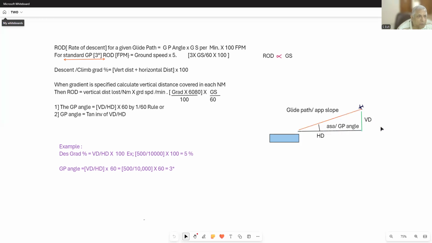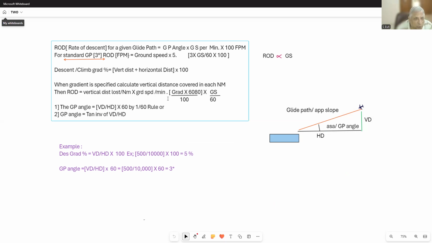There is a concept known as a descent gradient. Descent gradient means how many feet will you lose for every 100 feet that you travel. So vertical distance divided by horizontal distance into 100 is known as the descent gradient. If he has given you a descent gradient, then to find out your rate of descent, find out the vertical distance you will lose per nautical mile and multiply by ground speed per minute.